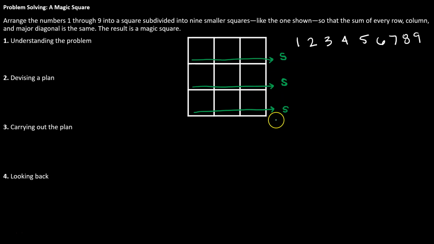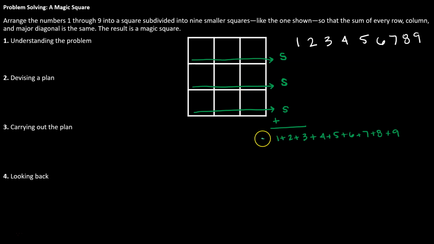Which means if I were to add up the 3 sums together, I'm essentially adding up 1 plus 2 plus 3 plus 4 plus 5 plus 6 plus 7 plus 8 plus 9. And maybe I'm not adding them up technically in that order, but somewhere in this magic square, a 1 is there, a 2 is there, a 3 is there, a 4 is there. I've got all of my digits sorted out into that magic square.